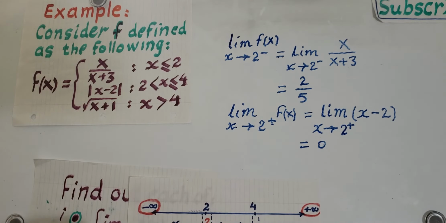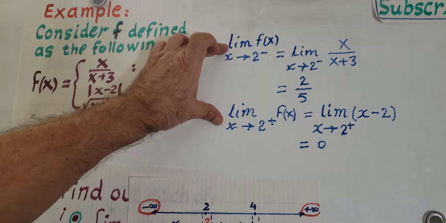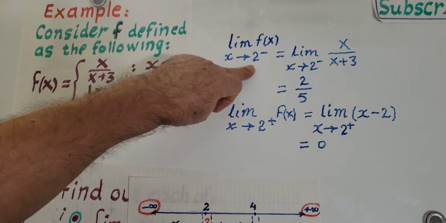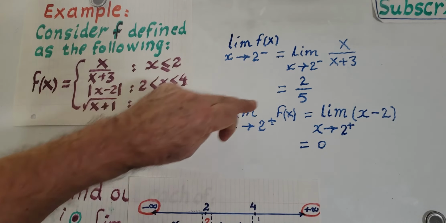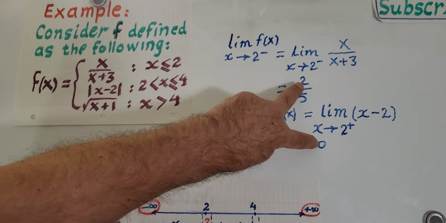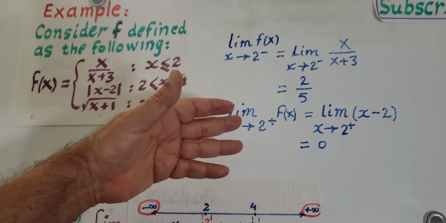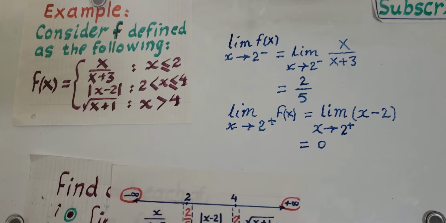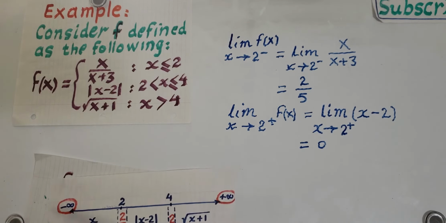So compare the two limits now. The limit from the left is 2 over 5. The limit from the right is 0. As they are different, what is our conclusion? We say directly there is no limit at 2.